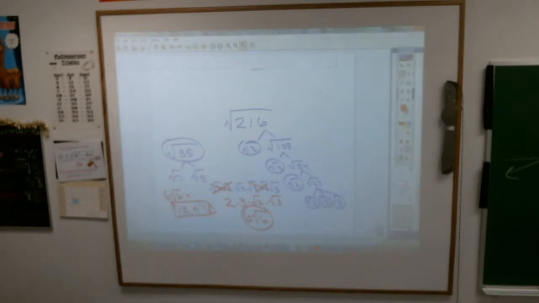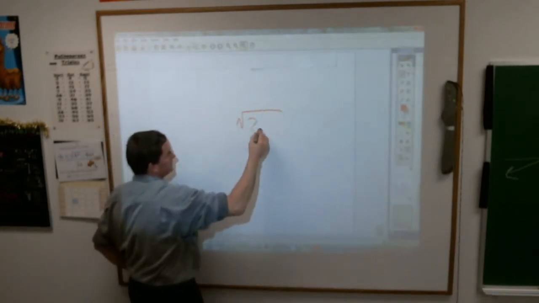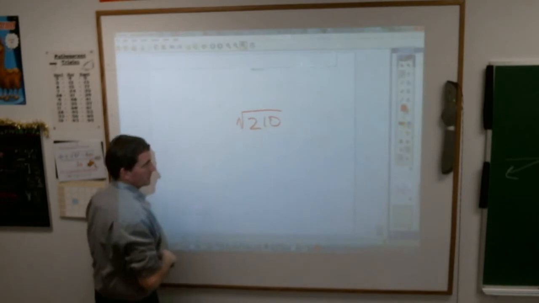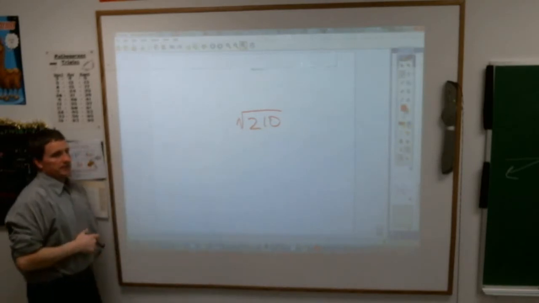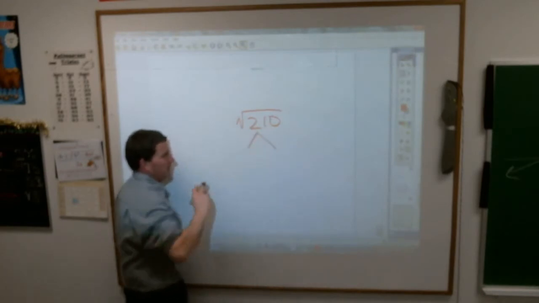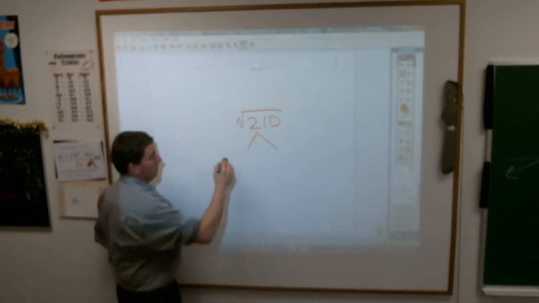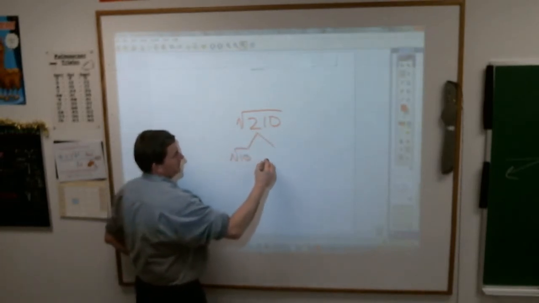How about this one? The square root of 210. Breaks down to what? Gary, give me the first one. What would you pick? Square root of 10 times square root of 21.